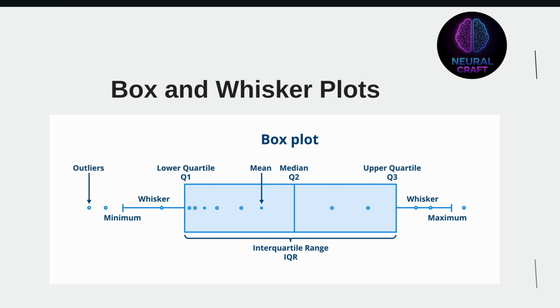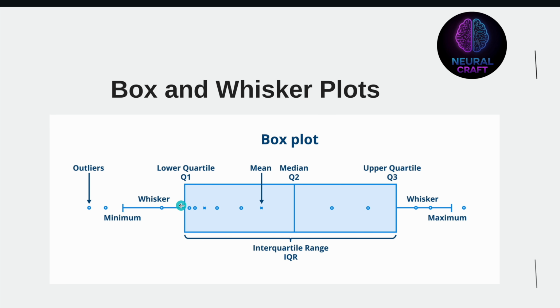Larger values are going towards the right, so this will be positively skewed. And if our median is more towards the right, then it is negatively skewed, or skewed towards the left, we can say that.